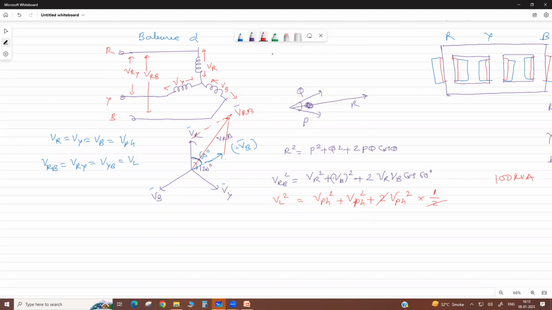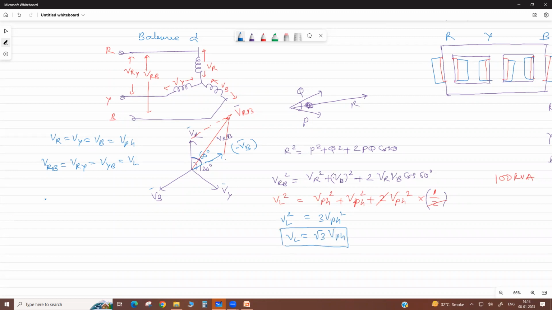Please check, correct? Now this becomes 3 V phase square. Then VL square equals 3 V phase square, so VL equals root 3 V phase. That's why this root 3 has come here.